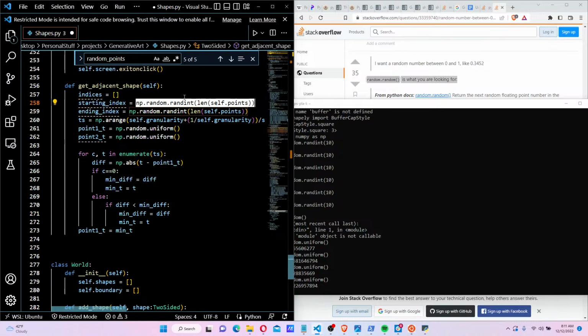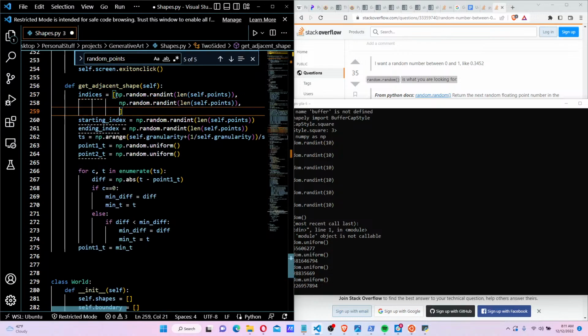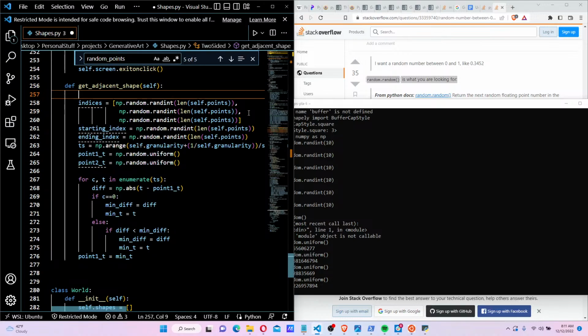So there are indices, there should be 3 of them. Should be 3 for endpoint 1, point 1, and point 2.